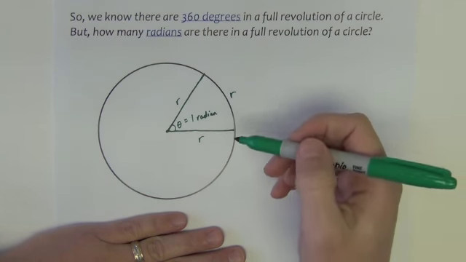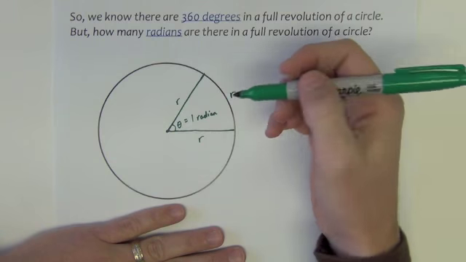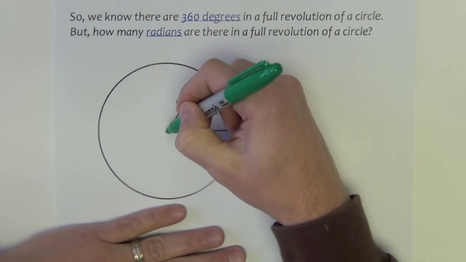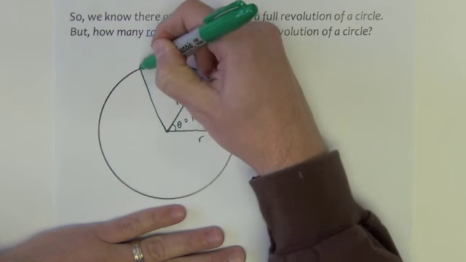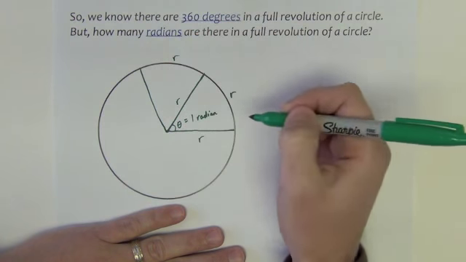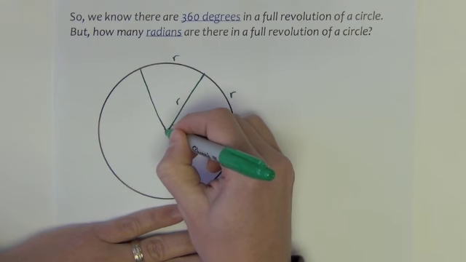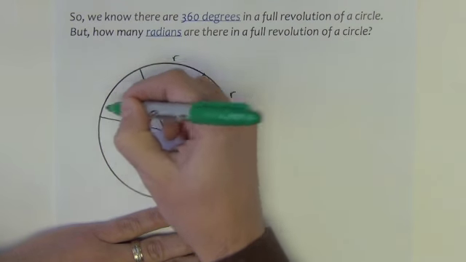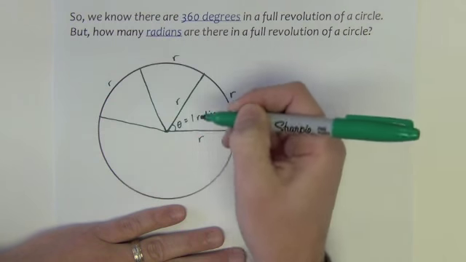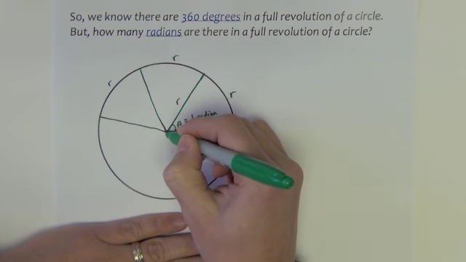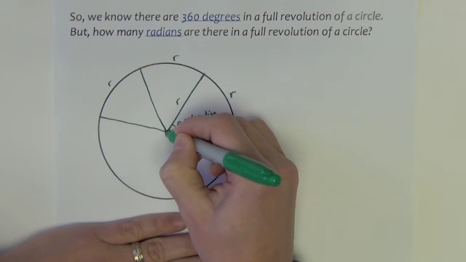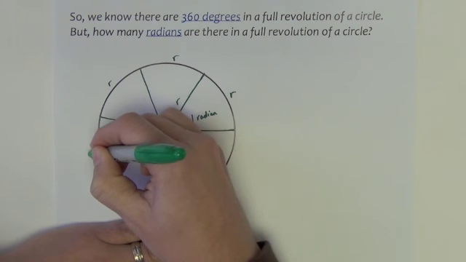Well, you could attempt to draw it out if you wanted to. You could attempt to say, here's another one, maybe like that. There's another one of these radius lengths, maybe. There's another one. You can keep going like this and just eyeball it, I guess. Maybe there's another one.